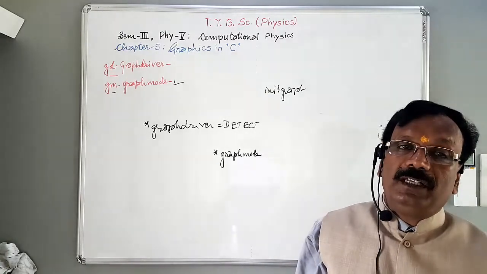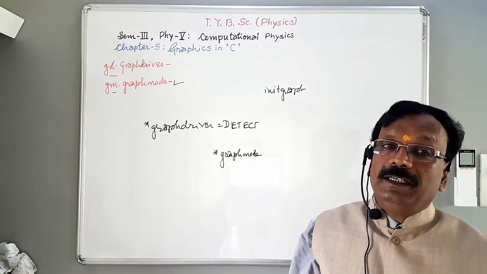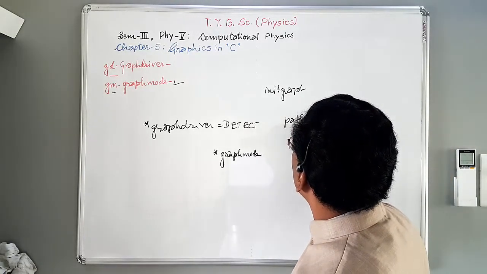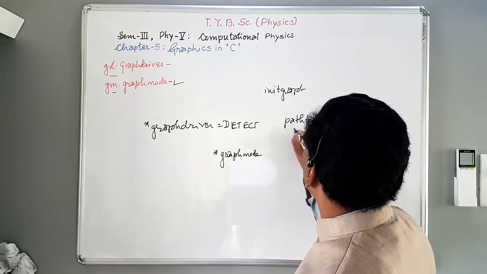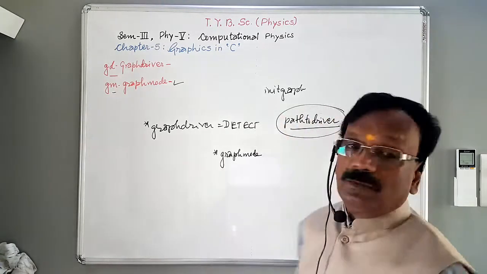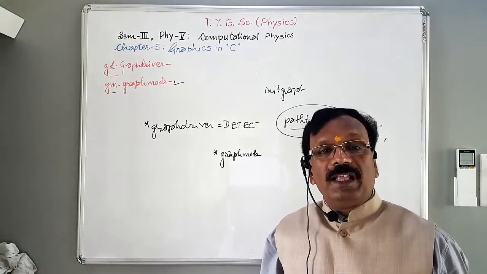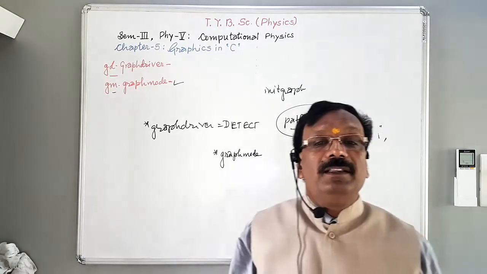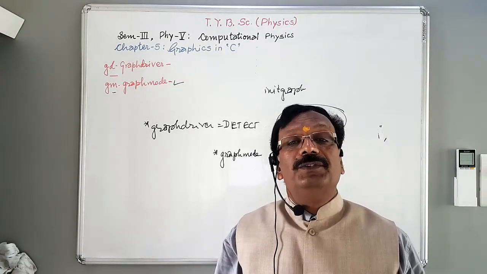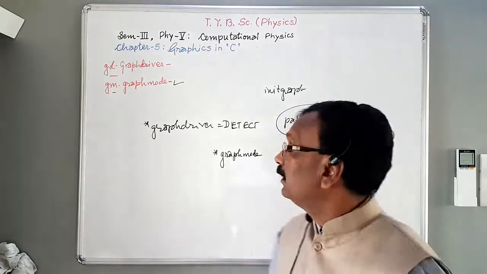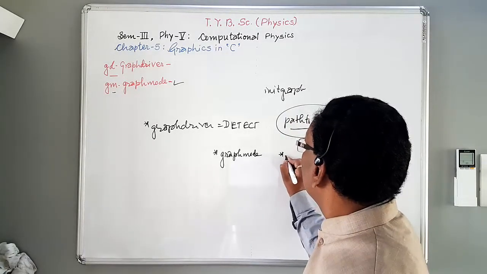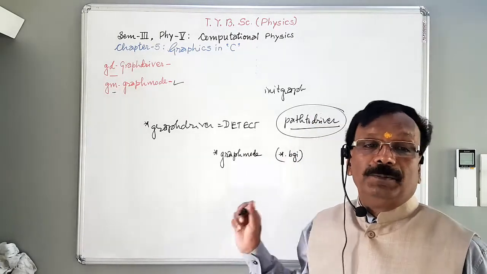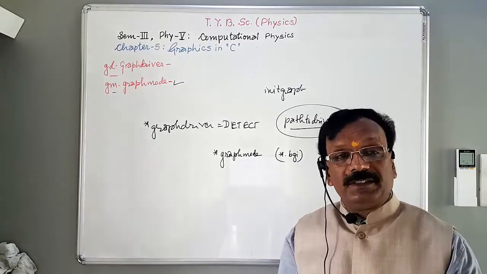Now the last important term regarding graphics, that is path to driver. What is this path to driver? Path to driver specifies the directory path where initgraph looks for graphics drivers, and for that purpose the asterisk.bgi extension is used first.